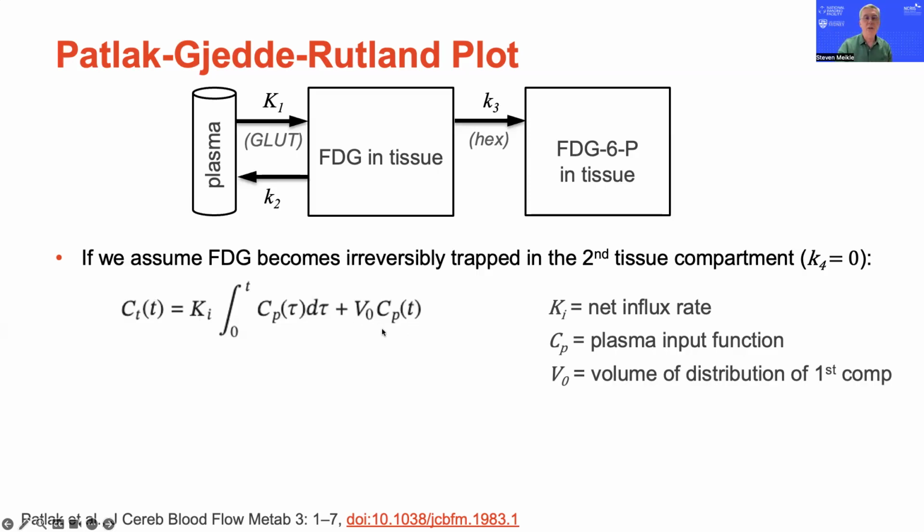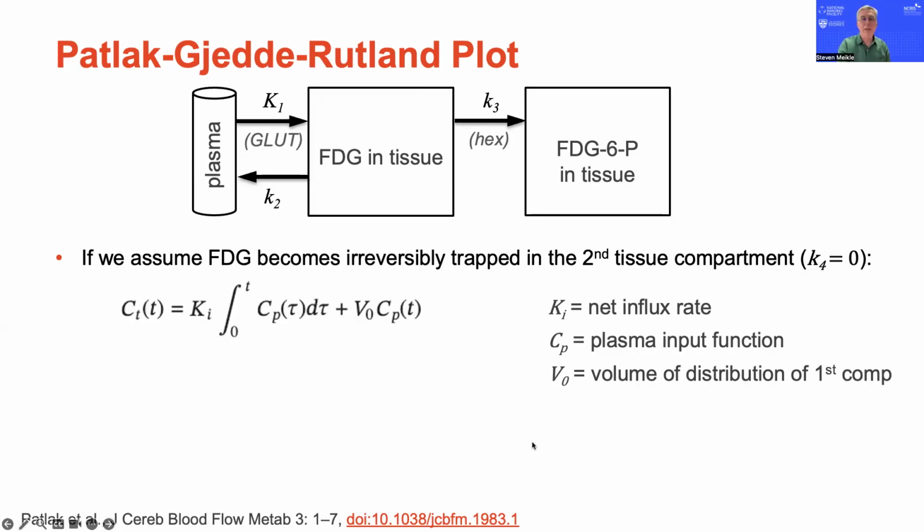And you have this additional term which describes the amount of tracer that's still in this exchangeable tissue compartment. So V sub 0 is the volume of distribution within this part of the model. And this term is V0 times the concentration at any given time point in the arterial plasma.